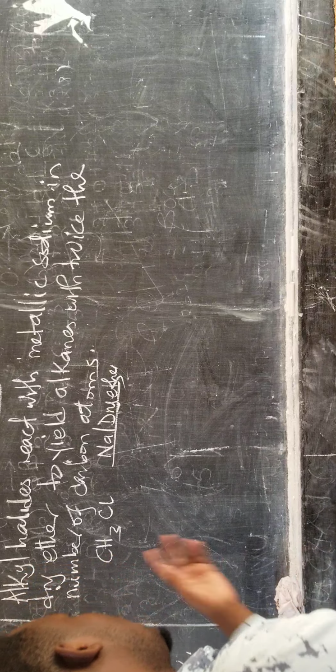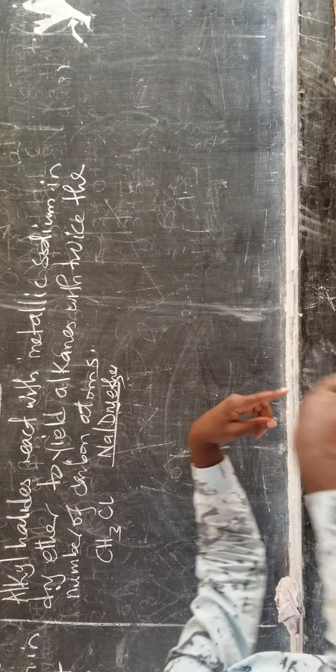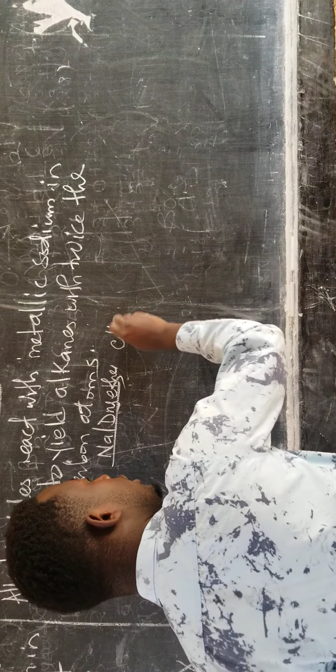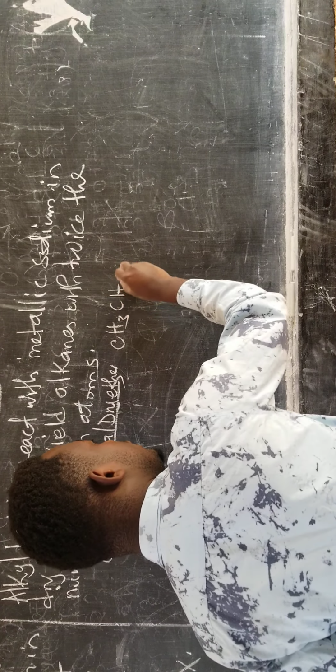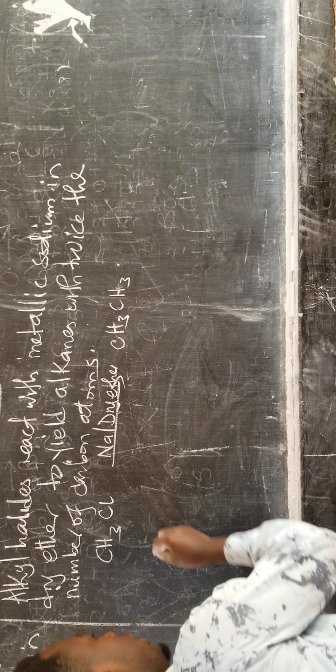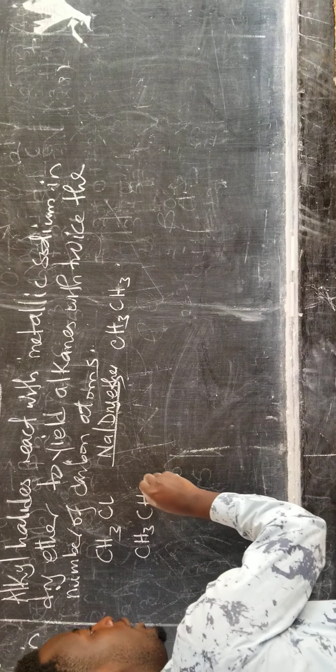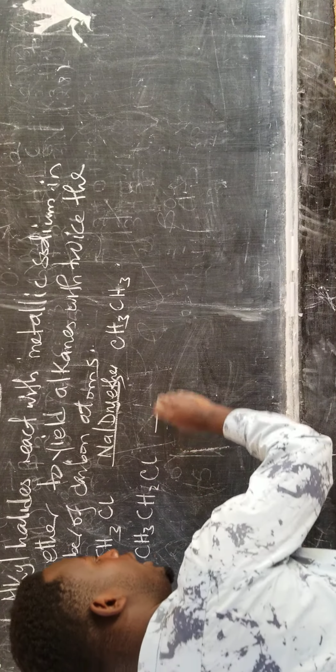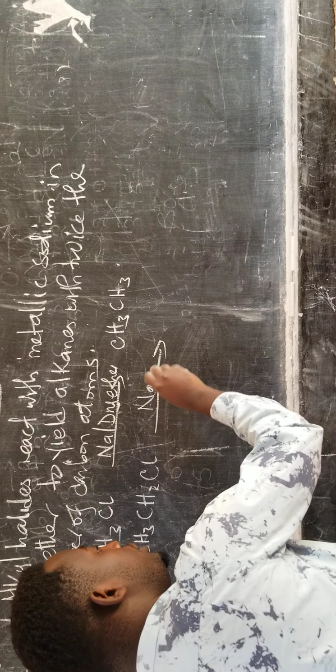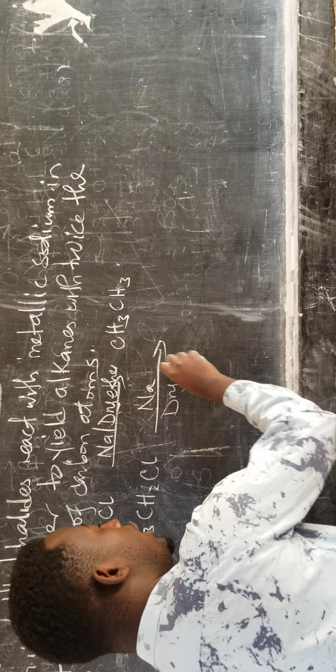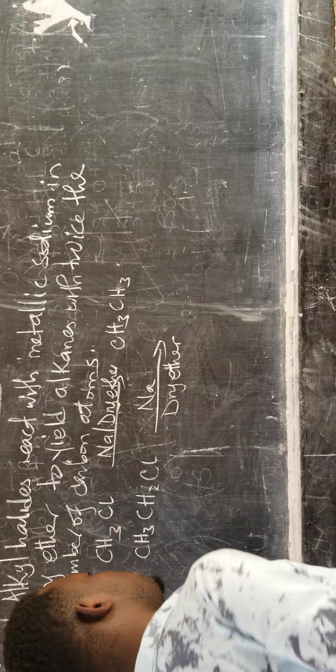Since the first compound had 2 carbon atoms, the product formed from this one with 1 carbon atom means the product shall have twice, that is 2 carbon atoms, and therefore it shall be CH3. If the compound is, for example, CH3CH2Cl, I am adding sodium in presence of dry ether.